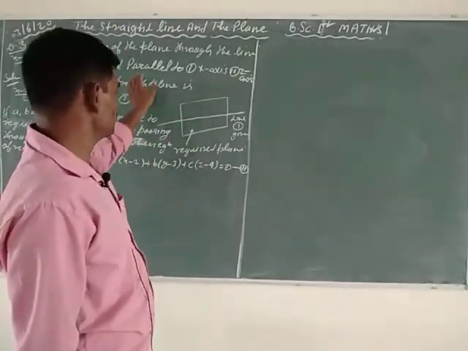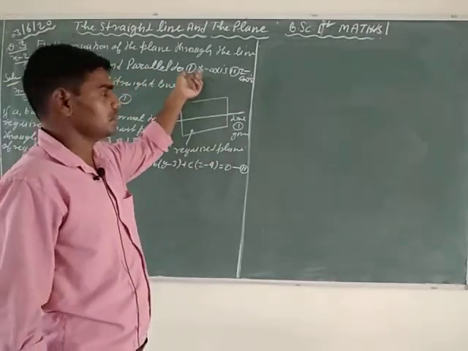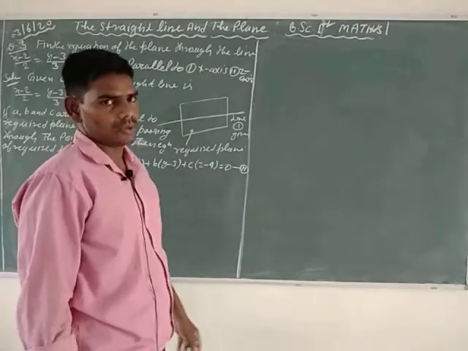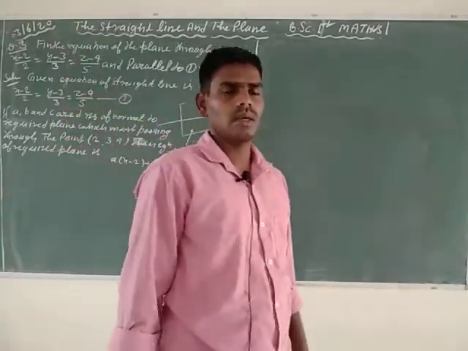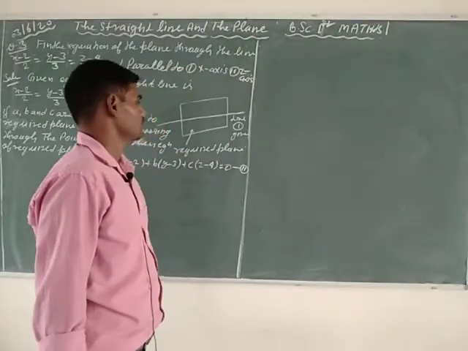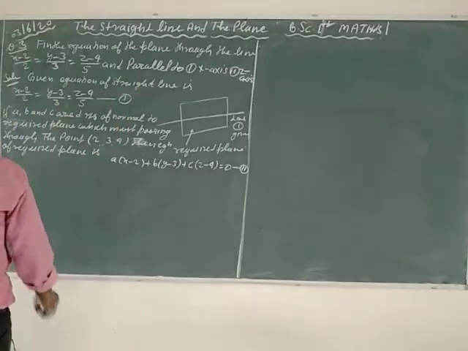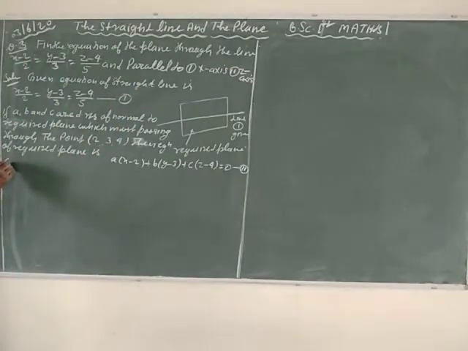The next condition is that plane second is parallel to the x-axis. So here we make two cases. In the first case, the plane is parallel to the x-axis, and in the second case, plane second is parallel to the z-axis. In the first case, the required plane second is parallel to the x-axis.